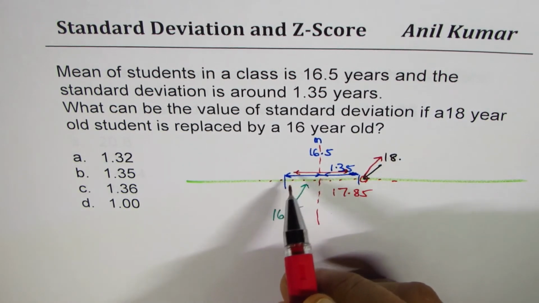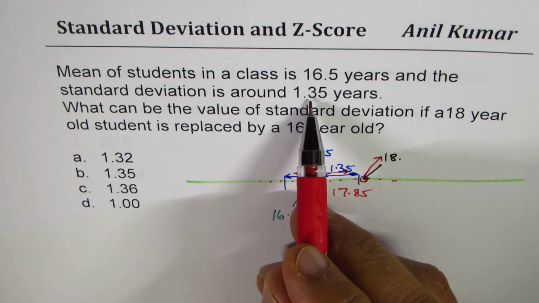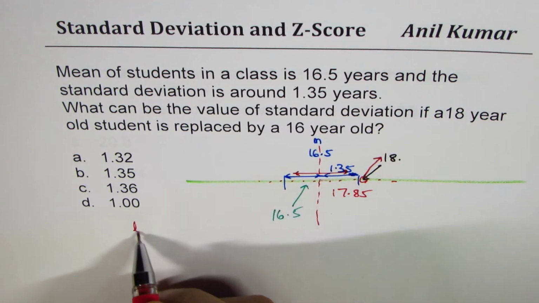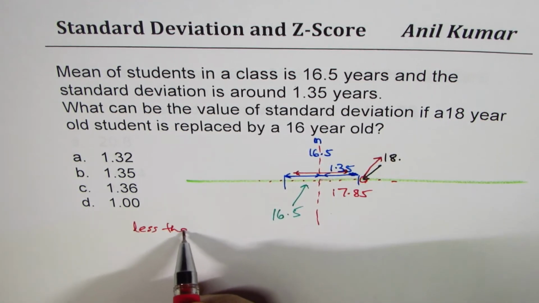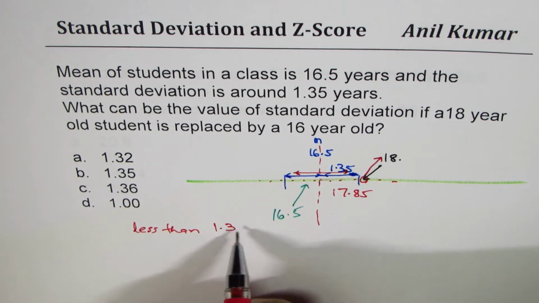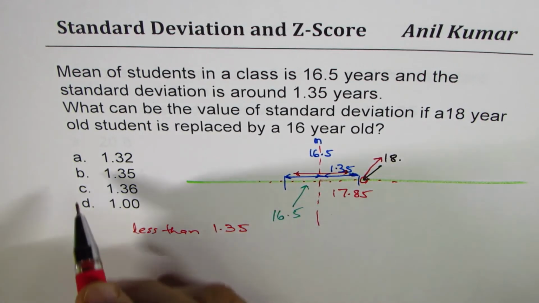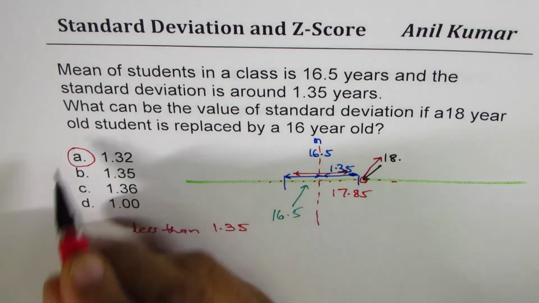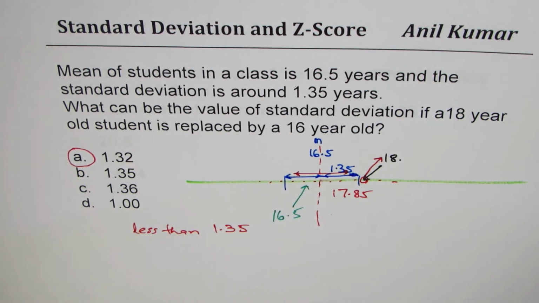So it will kind of reduce. Is it okay? So we're looking for a number less than 1.35, correct? So the only value here is 1.32. Therefore, that is the correct option. Is that okay? So information is complete.